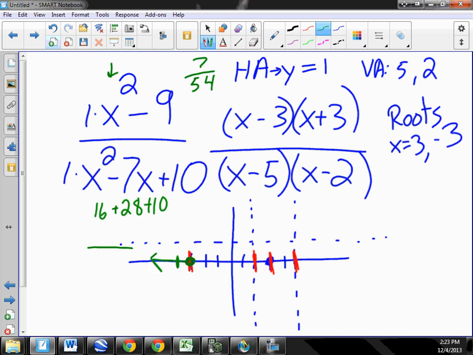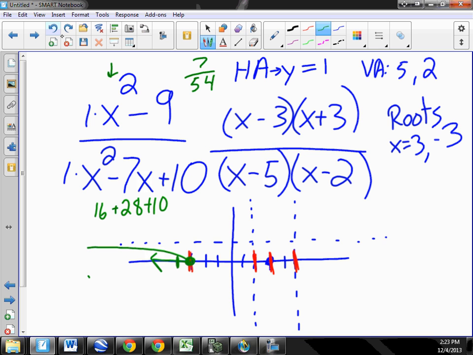So it's going to go like that. And so now we have to test the other side of that root. Well, technically it could turn up. So it could look like this, because you can pass through that horizontal asymptote. So we have to double check everything. So I wouldn't do that.